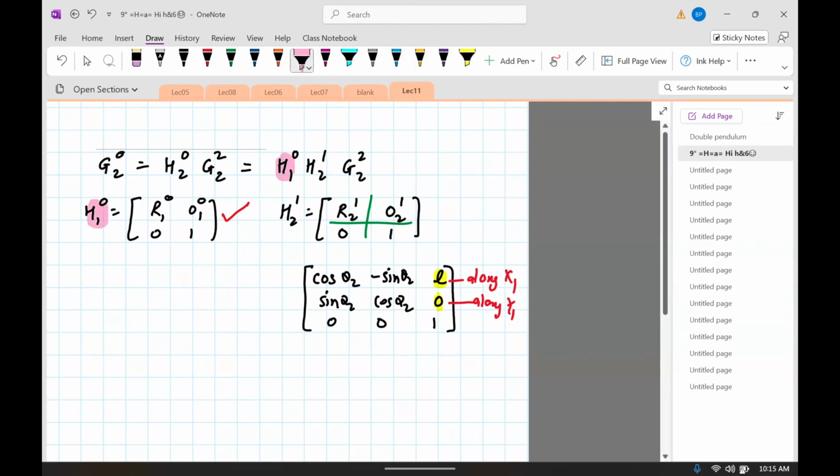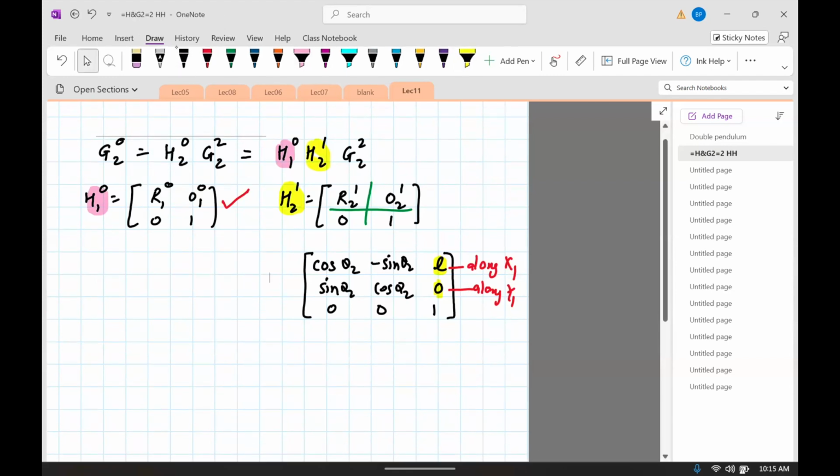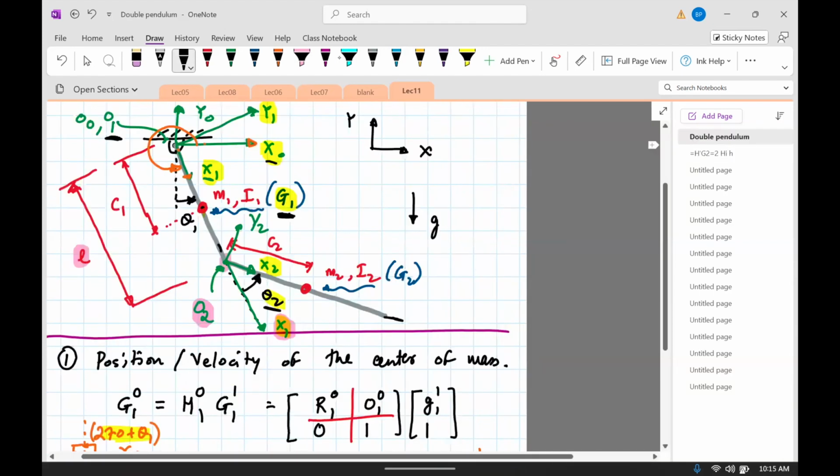It's over here. We have H21, which is right here. We only need to get G22. So G22 is the position of point 2, or center of mass 2, in frame 2, and then this 1 is a placeholder. If you go back to this figure and see what's this distance along x2, x2 is over here.